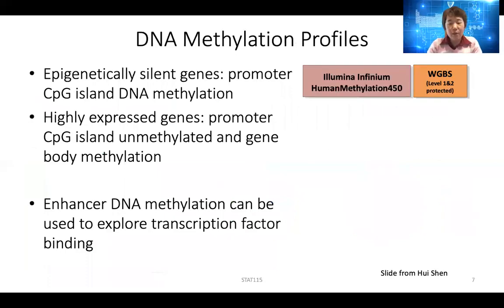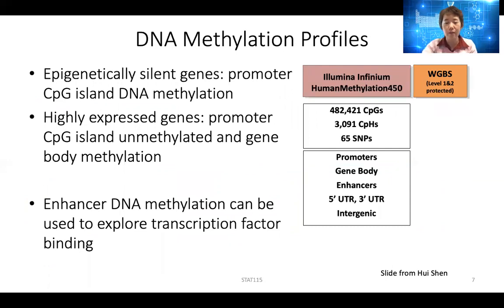And so, for example, with TCGA, most of the samples have also gone through epigenetic profiling. At that time, they did DNA methylation. In the early days, it was a different DNA methylation array. Later on, all of the samples were profiled with this Illumina Human Methylation 450 array. Very few samples were profiled with whole genome sequencing.